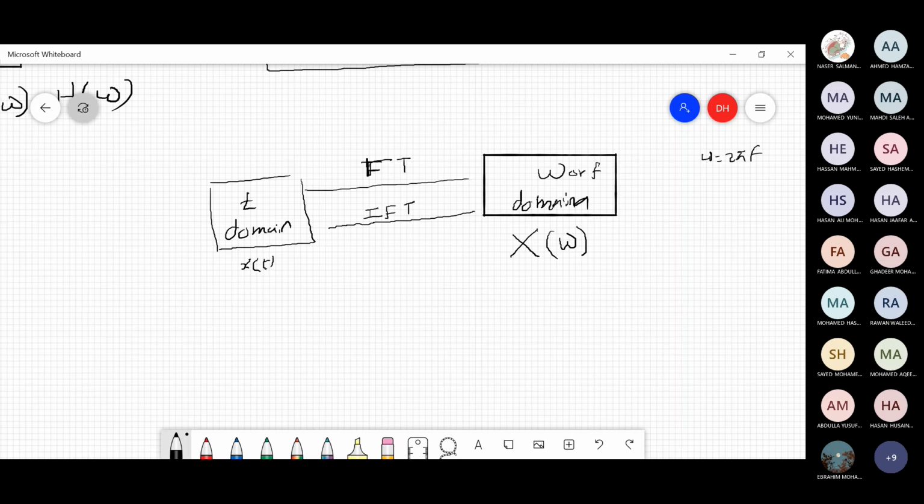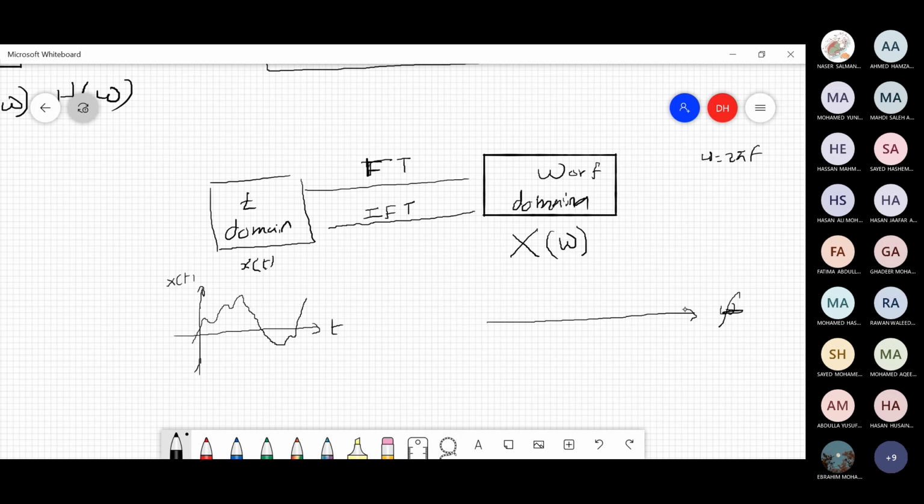If you want to see the waveform, then we use an oscilloscope. So this is t, and this is your x of t. You will see, for example, something like this: variation of signal with respect to time. But if you want to see the spectrum, we need to use a spectrum analyzer. So the axis is omega or f.